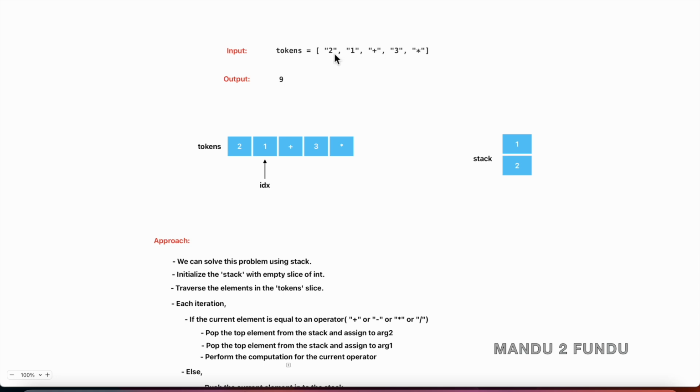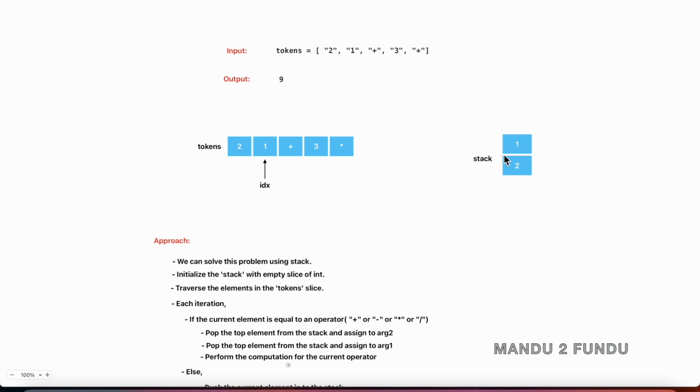In this case, first we see 2, so we push it into the stack. Then we see 1, push it into the stack, and then when we see the plus, we have to pop these two numbers from the stack and perform the addition operation, and then push that result value into the stack again. So 2 plus 1, 3.